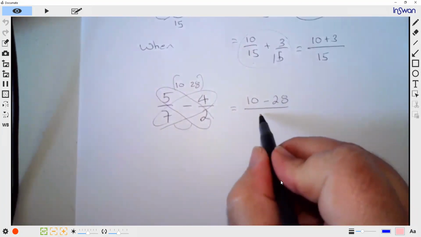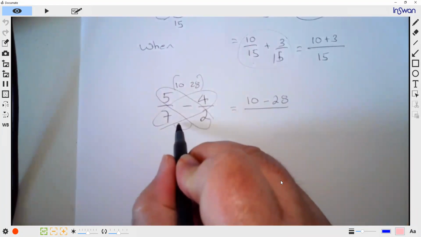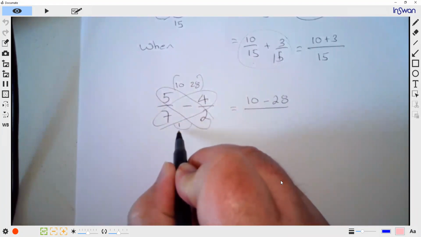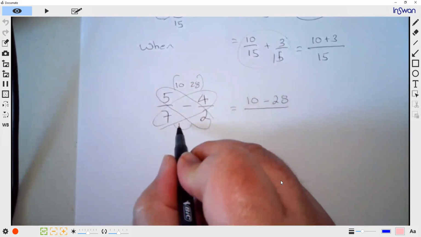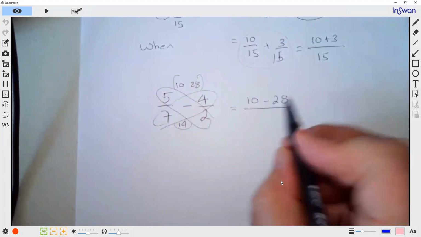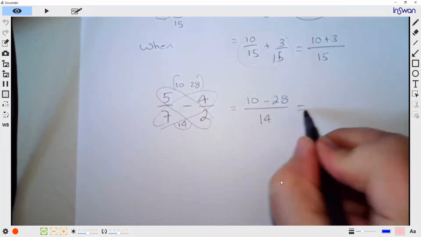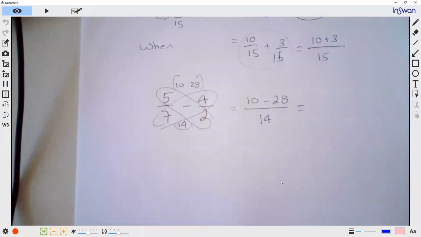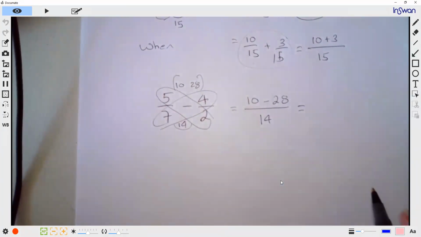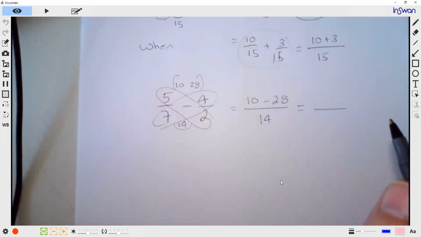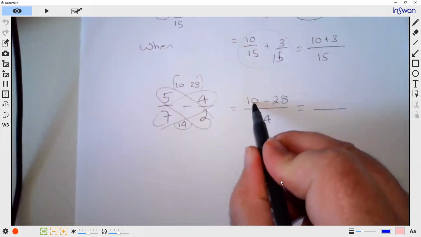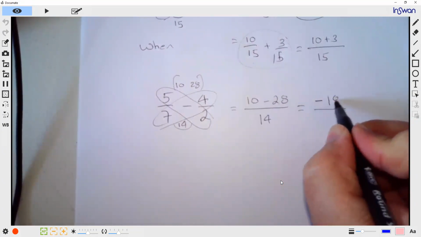And then the 7 times 2 is 14. Very good. So what's your final answer? So it would be 18 over 14? Or would it be a negative? Yes, because 28 is bigger than 10, it should be negative 18 over 14.